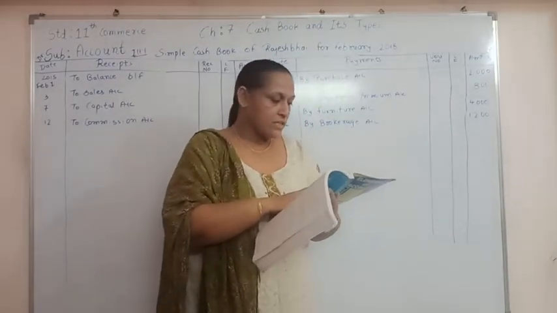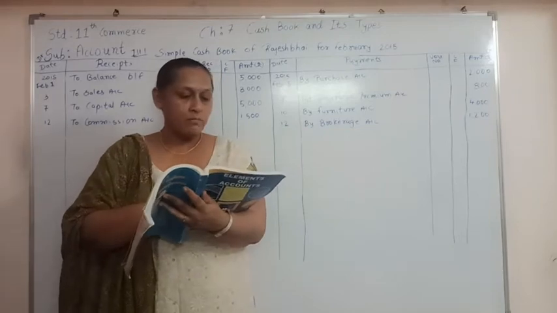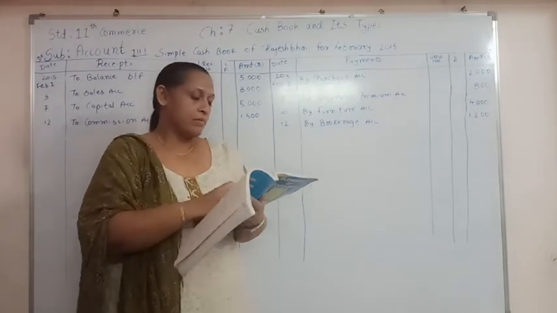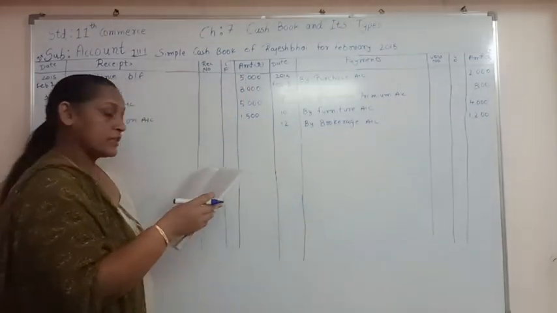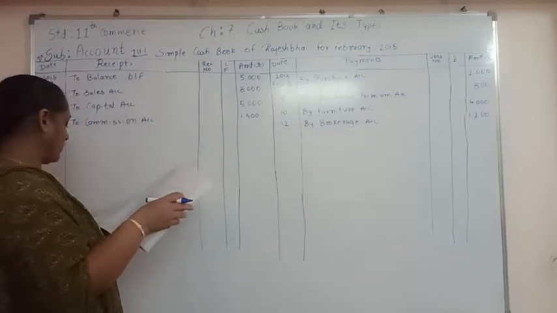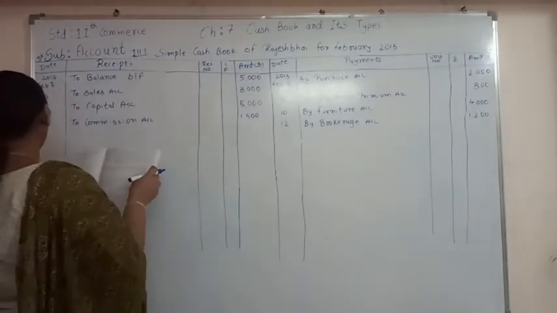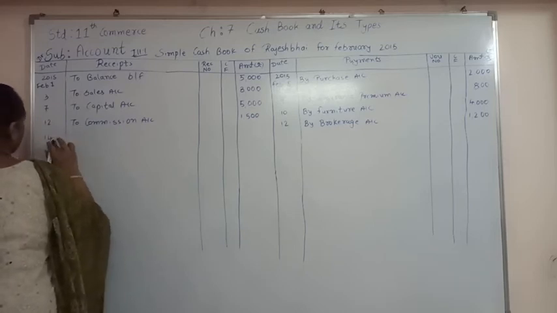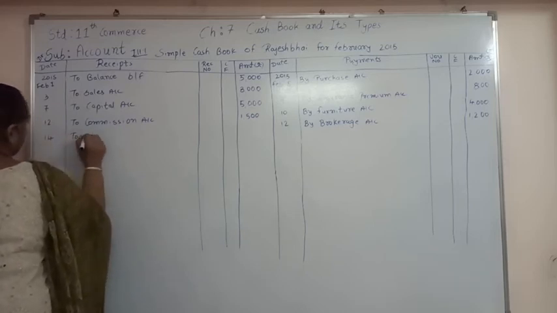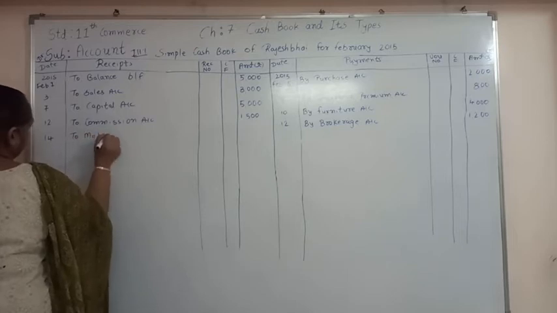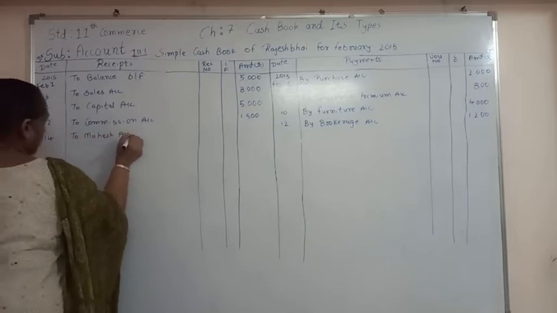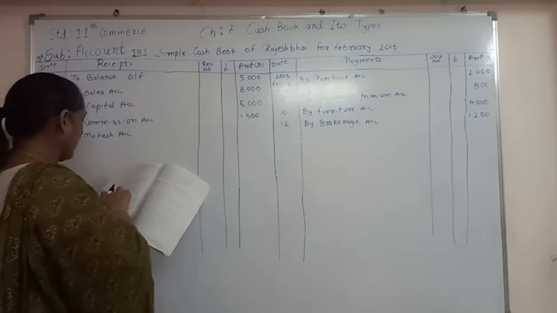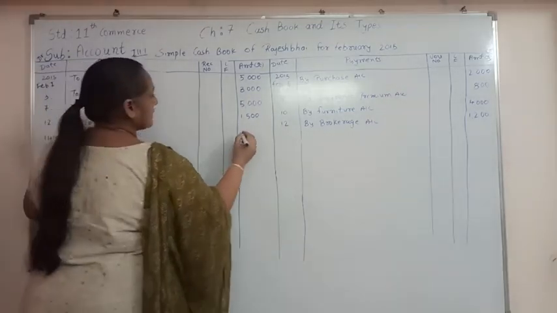Rupees 3,000 received from Mahesh towards the receivable. Mahesh has given us rupees 3,000. For that, on 14, we write to Mahesh account, and that will be rupees 3,000.